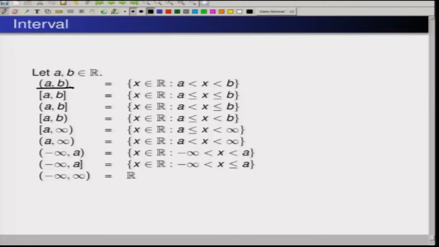In the first one, no endpoint is included; here only one endpoint, the left endpoint, is included, not the right; and here the right endpoint is included. In an infinite interval, one of the endpoints is infinity. Both endpoints can be minus infinity and infinity, or one of them either infinity or minus infinity, and then we say that it is an infinite interval.